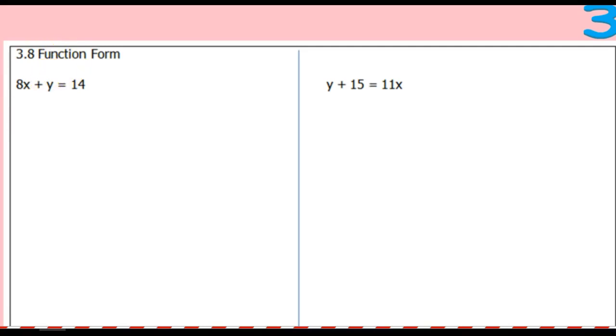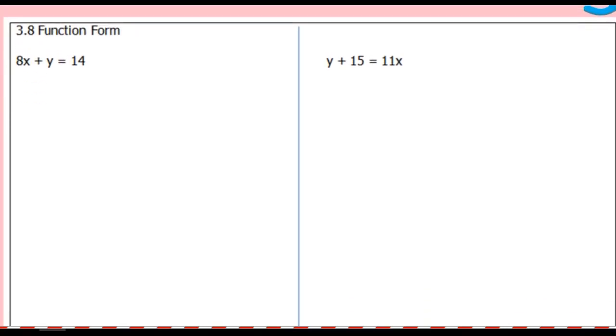Alright, 3.8. Now, this is function form, or solve for y. So what we're trying to do is get y by itself. So I'm just going to put a box around it. So I know that that's the last thing we're going to do. So we need to move this 8x over to the other side somehow.